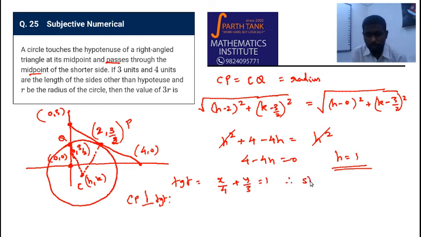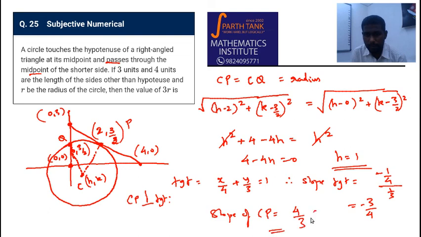Therefore, the slope of the tangent is minus of (1 by 4) by (1 by 3), or minus 3 by 4. So the slope of CP should be plus 4 by 3, perpendicular.